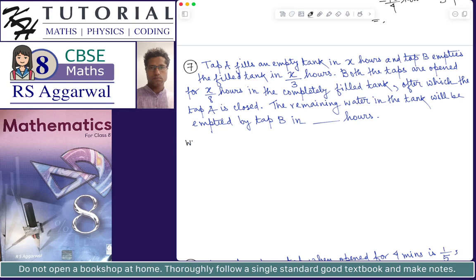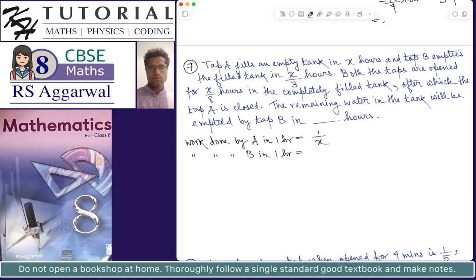Work done by A: it is given that tap A fills an empty tank in X hours, so work done by A in 1 hour should be equal to 1 by X. Work done by B in 1 hour: it is given that tap B empties the filled tank in X by 3 hours.